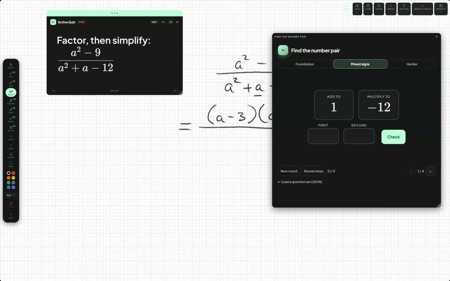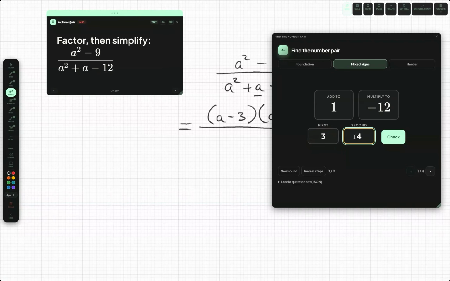So there's 12 times 1, but if I sum those together, that wouldn't get us there. But there is 3 times 4. Let's say 3 and 4. Now, if we have the sign on the 3 as negative, then the sum is negative 3 plus 4, giving us 1.